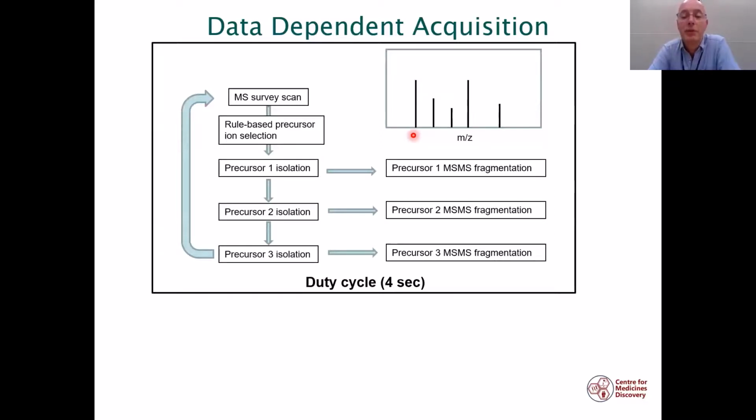That can be 4 seconds, or it can be even less than that. And that is going on all the time. So as you have your LC flow entering into the mass spectrometer, and there are different species coming into the mass spectrometer, all the time this data-dependent acquisition is going through selecting these different peptides for fragmentation.